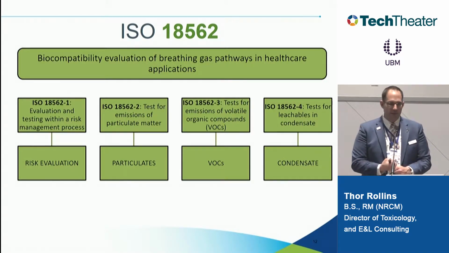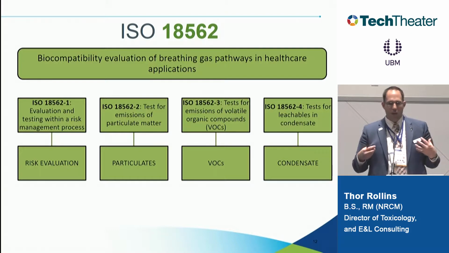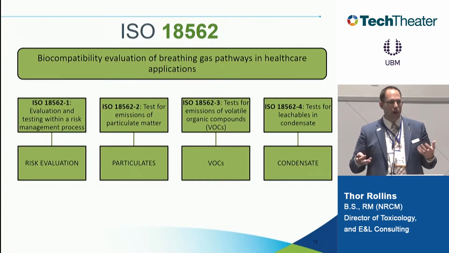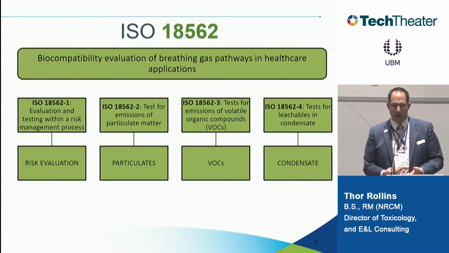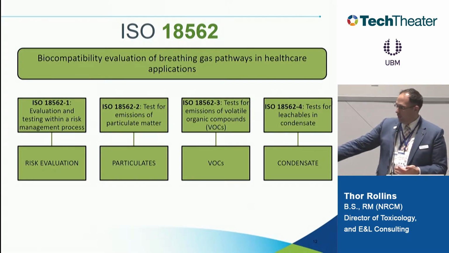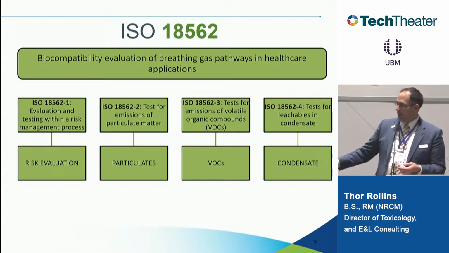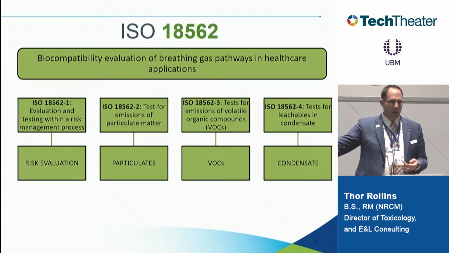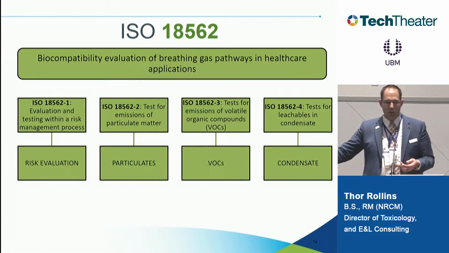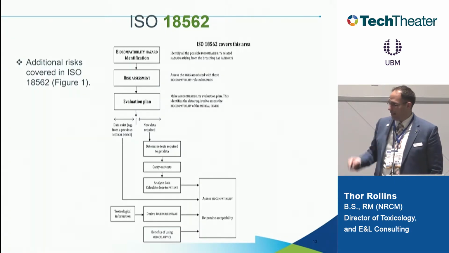If you're using humidified air and there could be some kind of buildup of that humidity where now the condensate, or liquid, touches the patient or goes into the mouth of the patient, we need to evaluate that risk. So these are the 4 parts of the 18562 standard. Parts 2, 3, and 4 are run if the part 1 initial risk assessment deems those parts necessary.